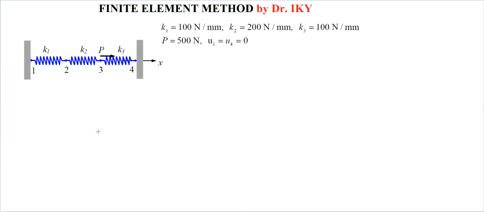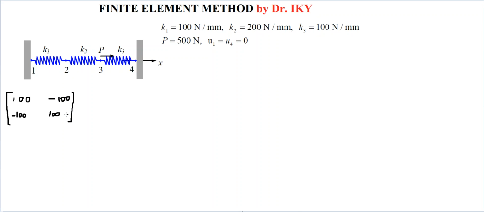So, if we want to write these stiffness matrices separately, how are we going to write it? For K1, 100, let me write one of it. 100, minus 100, minus 100 and 100.